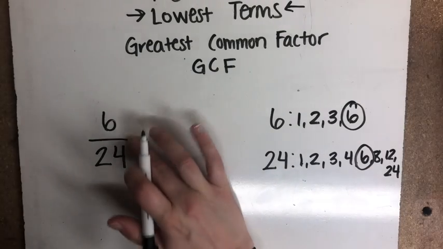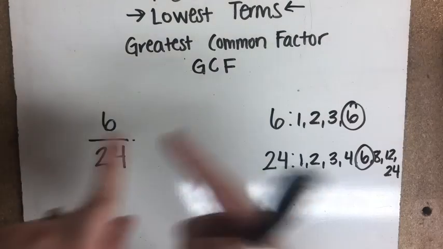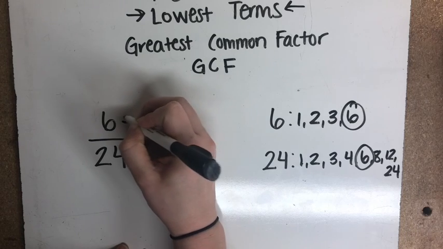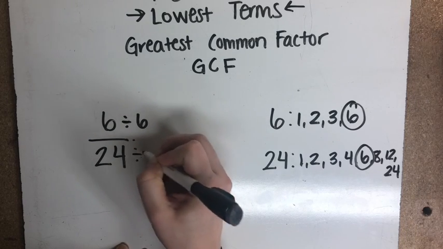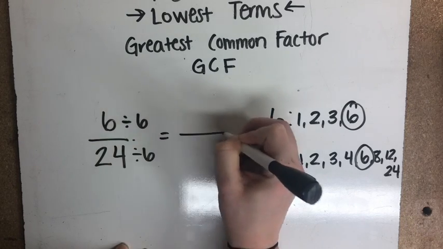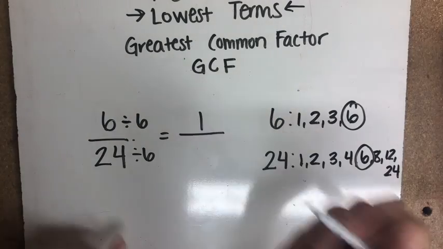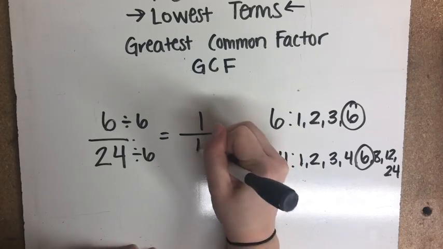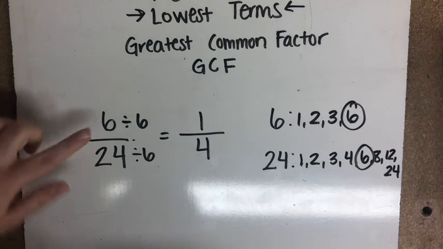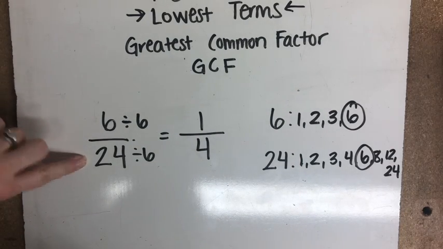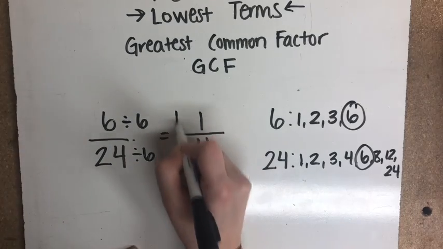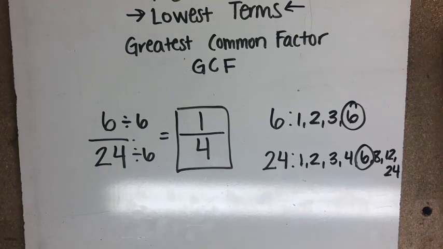Now that we found the greatest common factor, let's look back at our fraction, and we're going to divide that out of the top and the bottom. 6 divided by 6 is 1. 24 divided by 6 is 4. So that means 6/24 is equivalent to 1/4, and 1/4 is the simplified fraction.